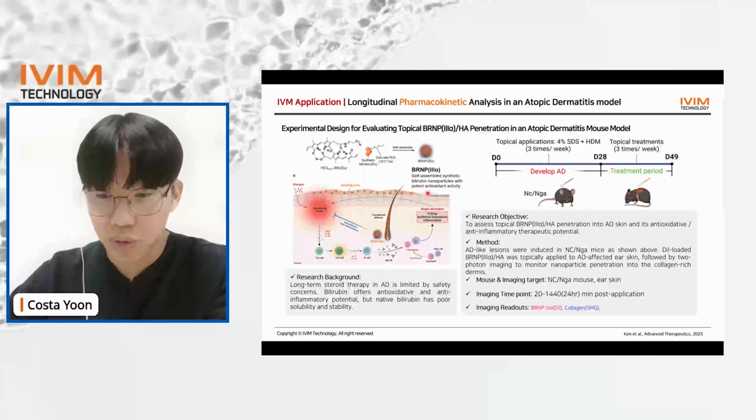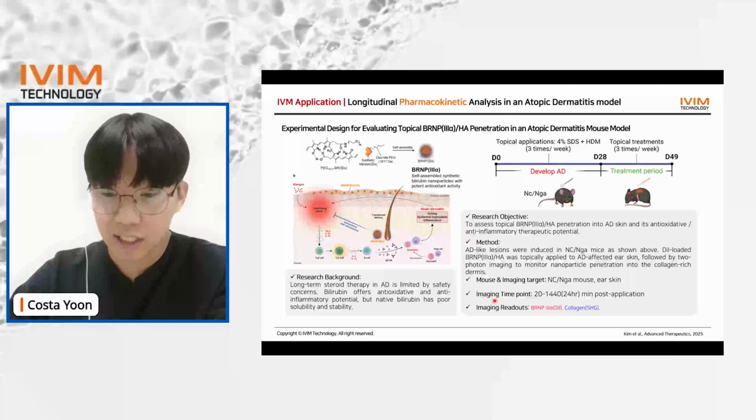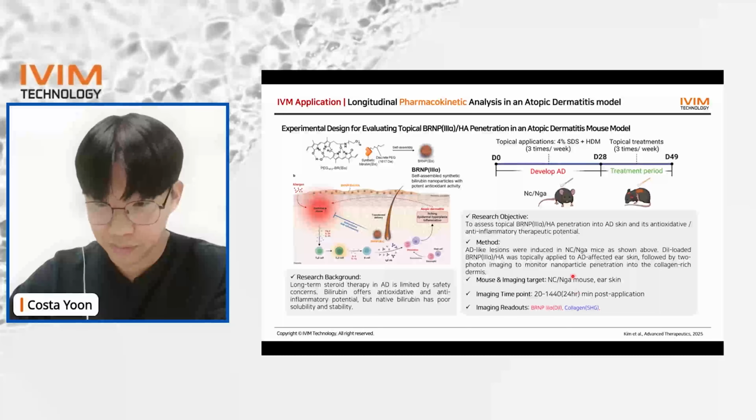The nanoparticles were then mixed with hyaluronic acid, which increased the viscosity, so the formulation remained at the application site for longer and also provided a moisturizing effect. The study used NC/Nga mice, which are susceptible to atopic dermatitis-like inflammation.